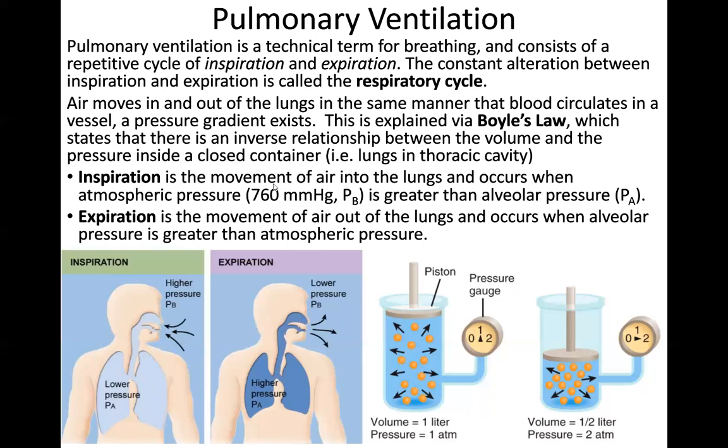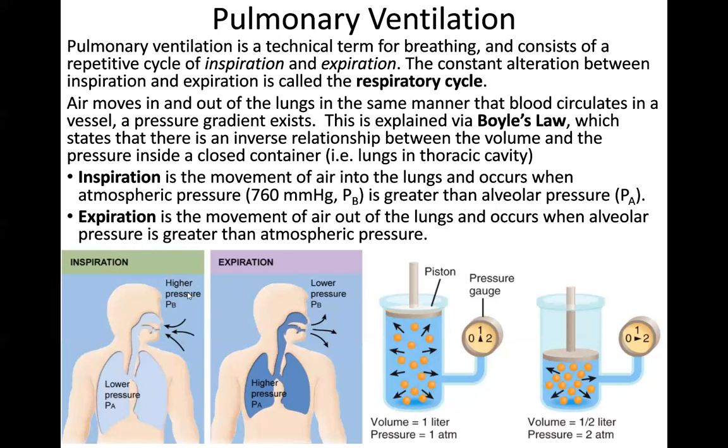Inspiration is the movement of air into the lungs. It occurs when atmospheric pressure, which at sea level is 760 mmHg, millimeters of mercury, or we abbreviate that P sub B, short for barometric pressure, so that's the pressure in the atmosphere that we're breathing, is greater than alveolar pressure.